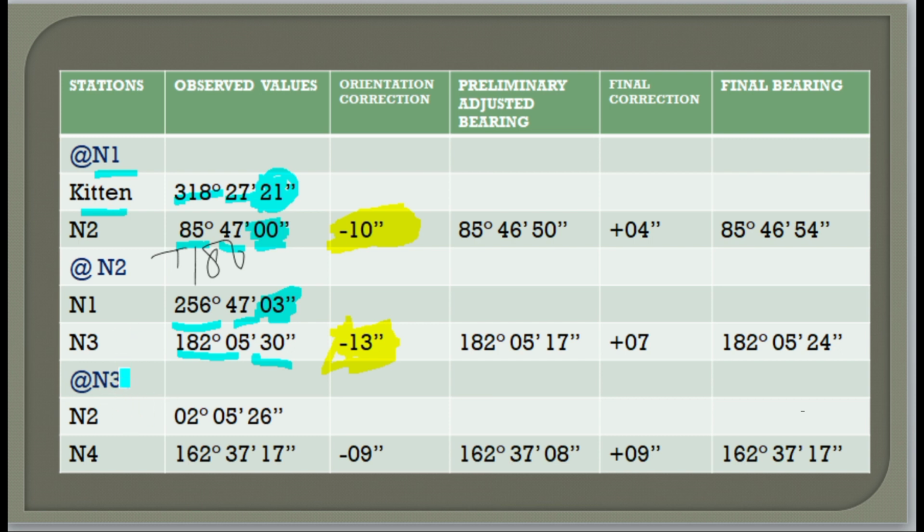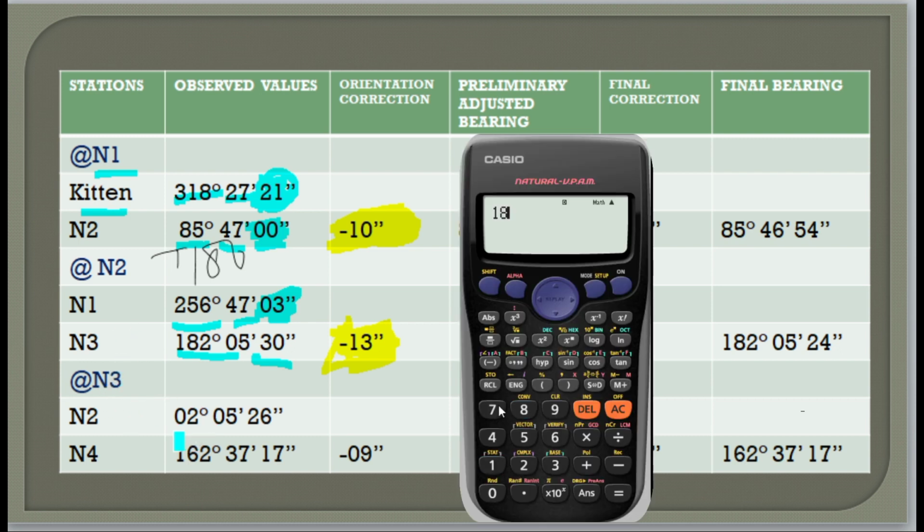Then on our next part, our back bearing here was observed again. So by minusing 180 degrees to this value, the observed value, the bearing of N2 to N3, we'll get our back bearing as 02.0530. But here we had observed a value of 02.0526.